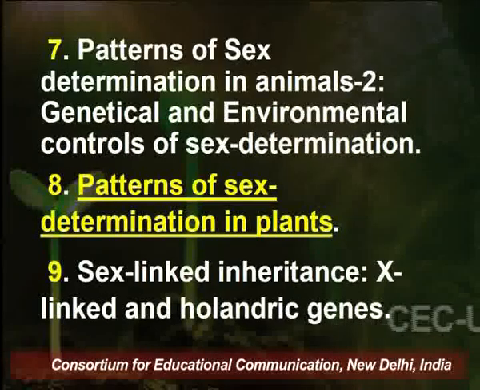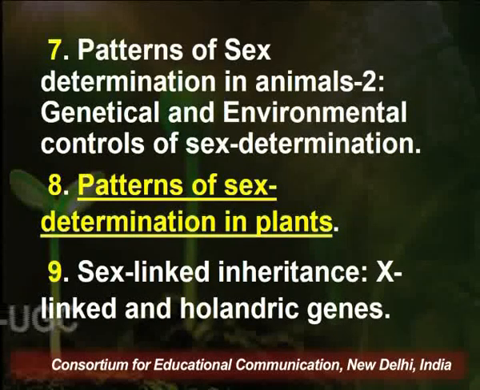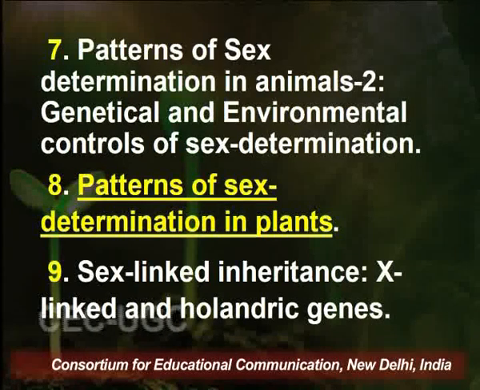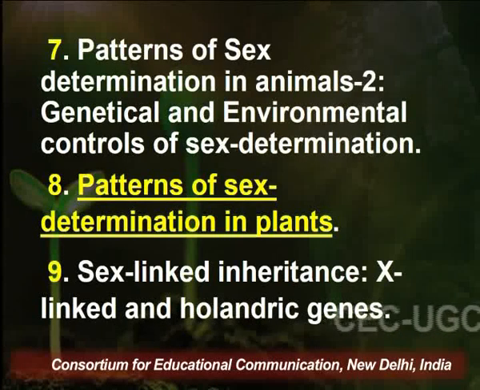And 7 also we did last time, where we had a very long discussion on how the environment influences sex determination in various clades of animals. Today what we are going to discuss is another very interesting and less understood pattern of sex determination, in plants, which comprises topic number 8.